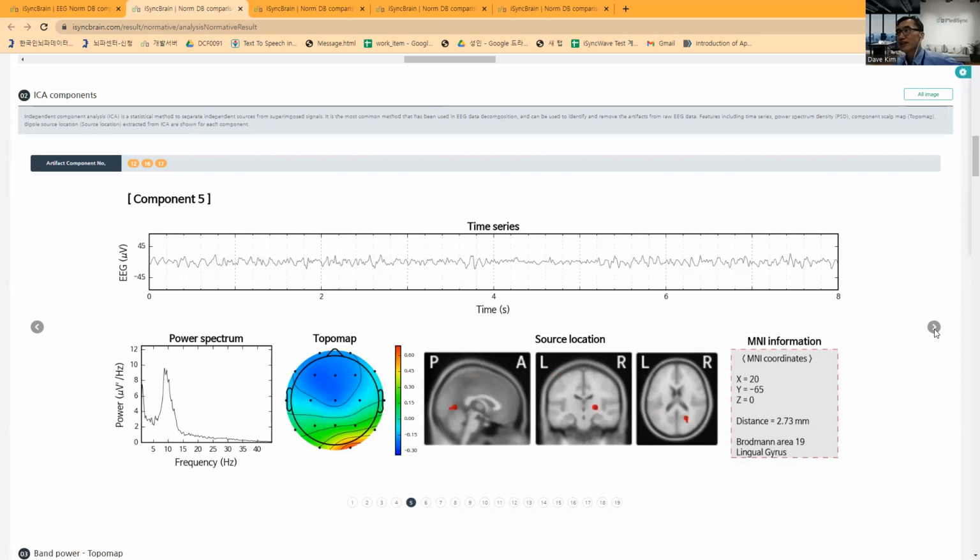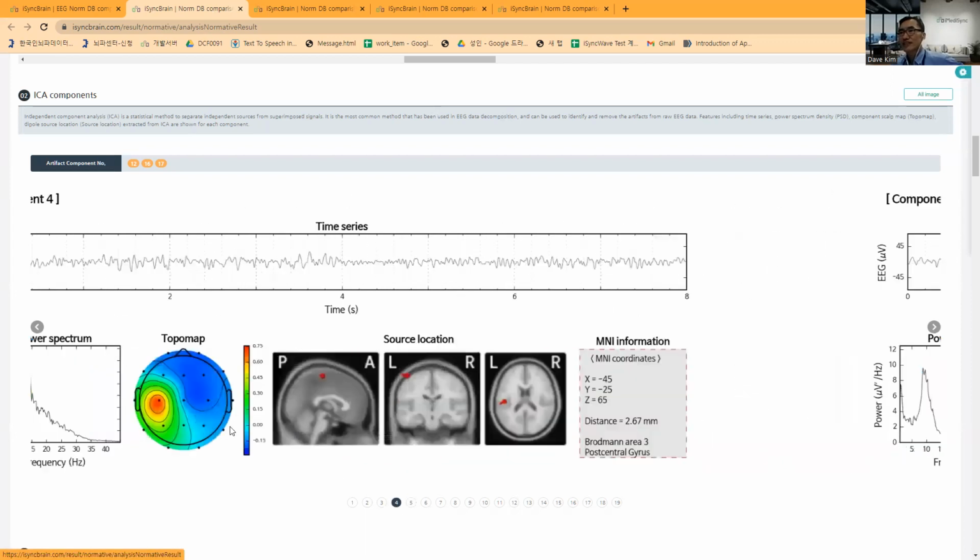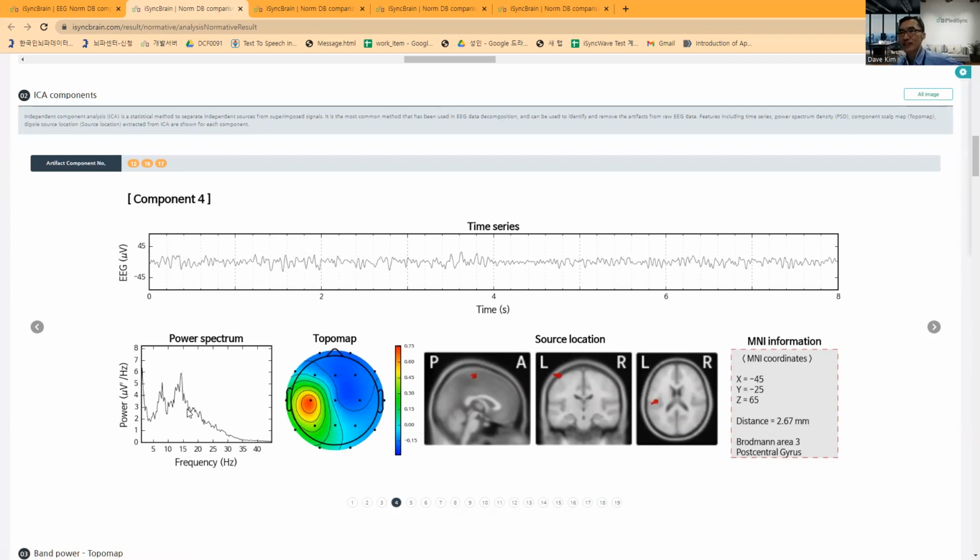Basically, SMR is a kind of activity for delaying the cognitive decline in recent clinical study. She has this kind of self-generated SMR rhythm here to delay her memory decline.